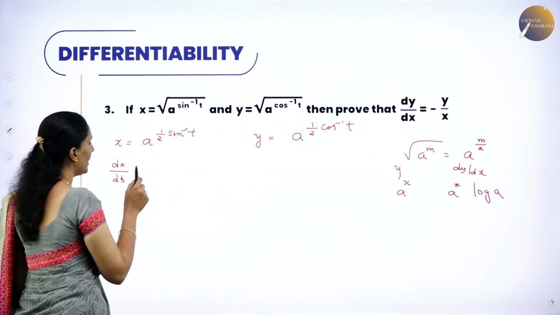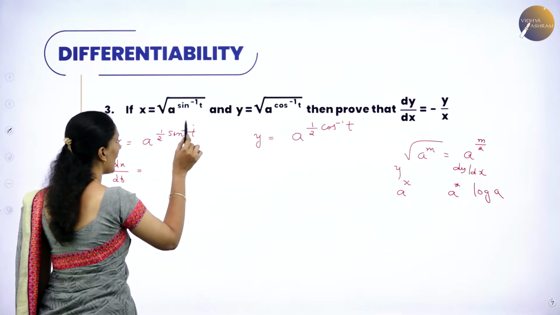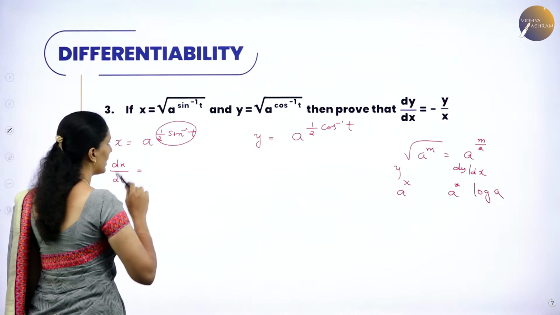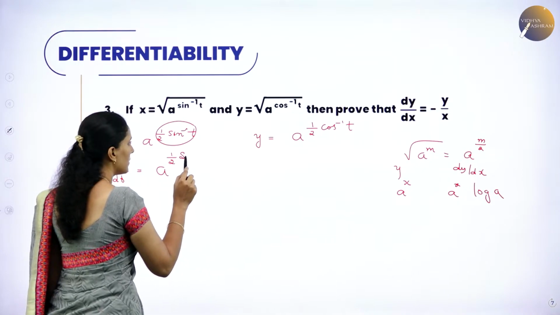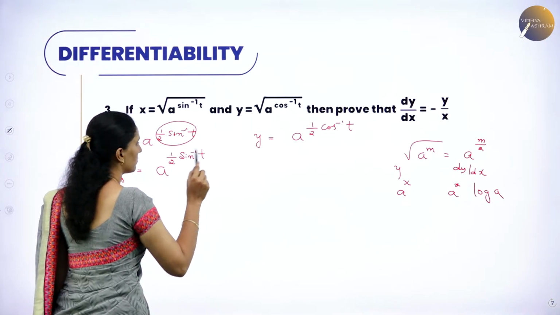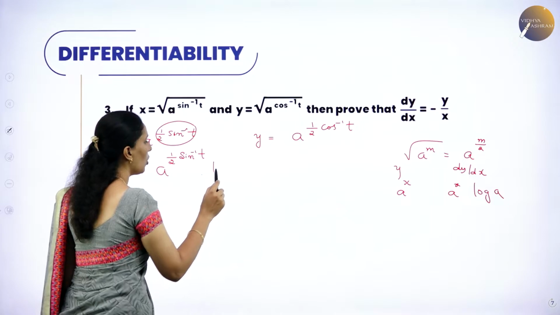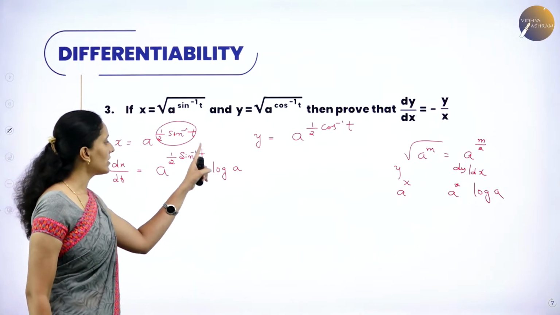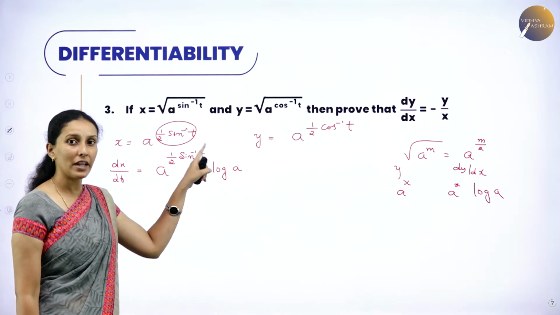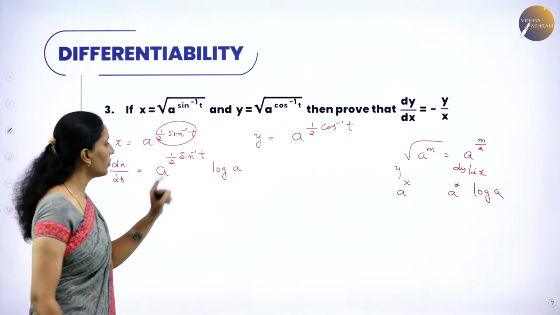Now dx/dt is, if you take this as a^x, then it can be written as a^x into log a. But x is not just simply x here, it is half sine inverse t. So that is why you have to differentiate it again.